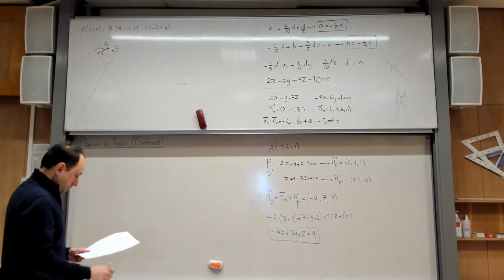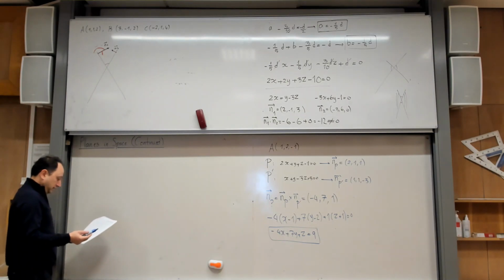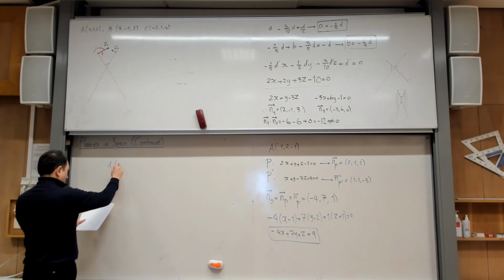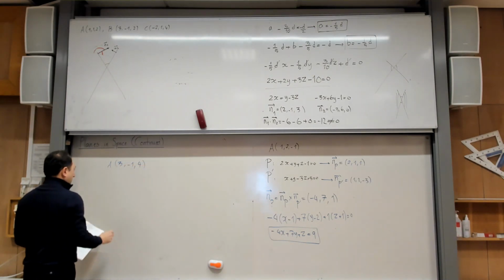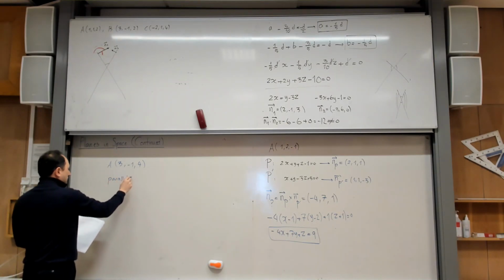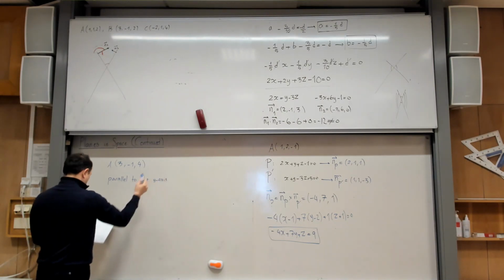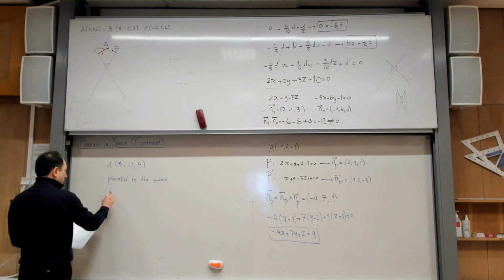So, determine an equation for the plane that passes through this point and is parallel to the y-axis and is perpendicular to this plane.